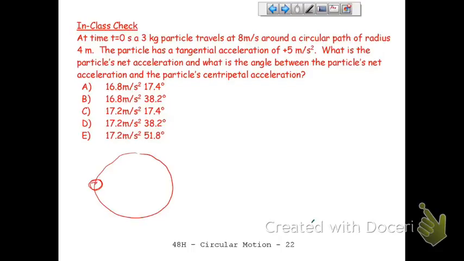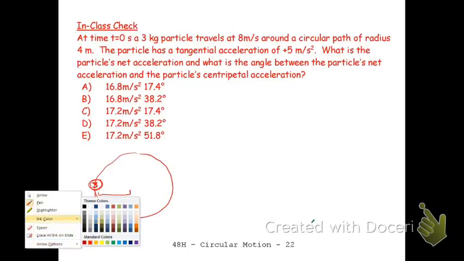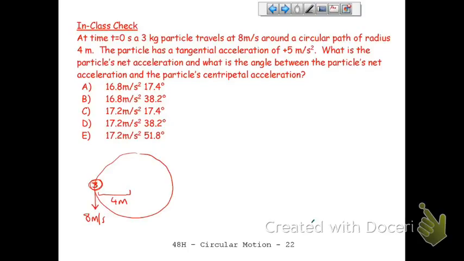The particle has a tangential acceleration equal to plus 5 meters per second squared.